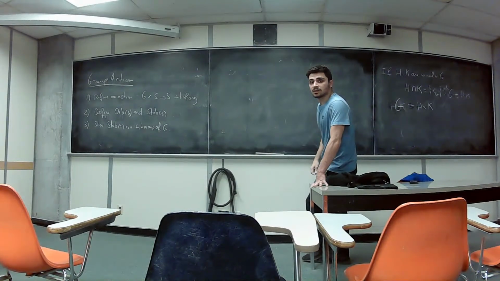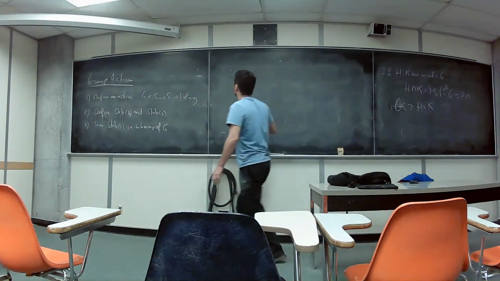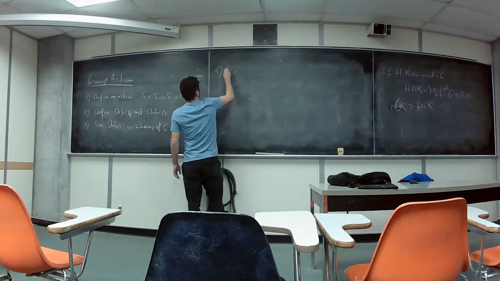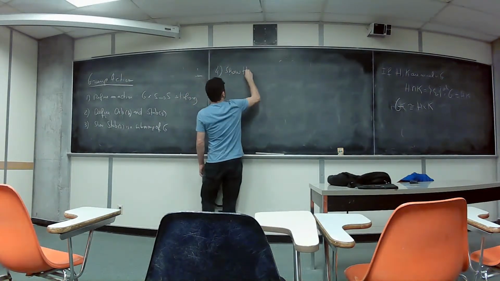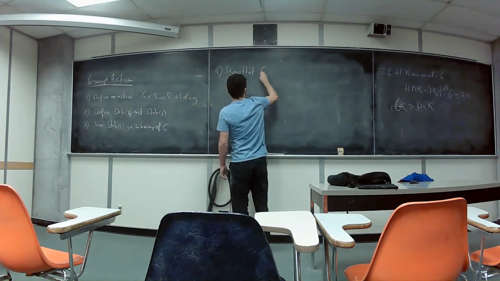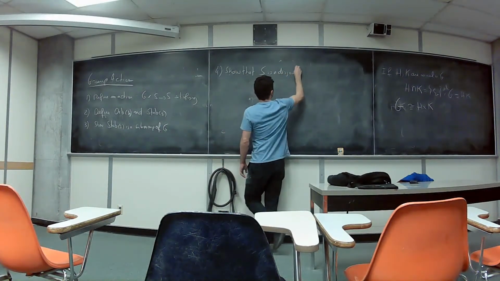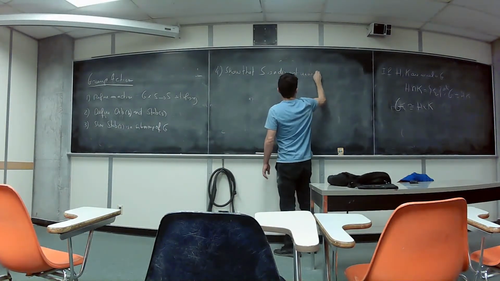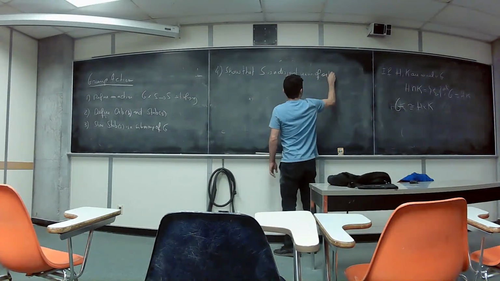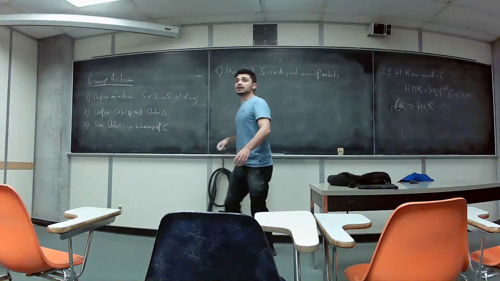What else? That S is a disjoint union of orbits. How do you do that?